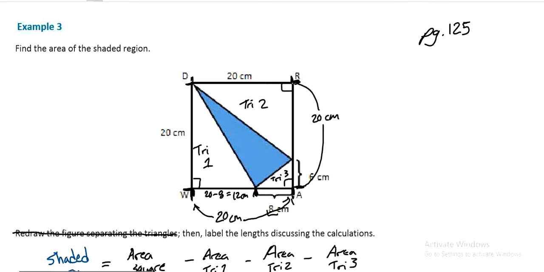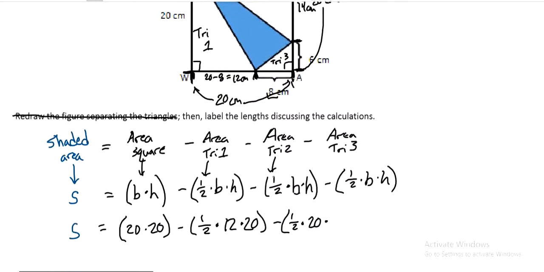I just need the distance from this corner up here to right here, to where the point of this shaded triangle is. I can find that out by doing the full side, 20, subtract 6, which is this space that is not part of triangle 2. So 20 minus 6 leaves us with 14 centimeters as the height of triangle 2.